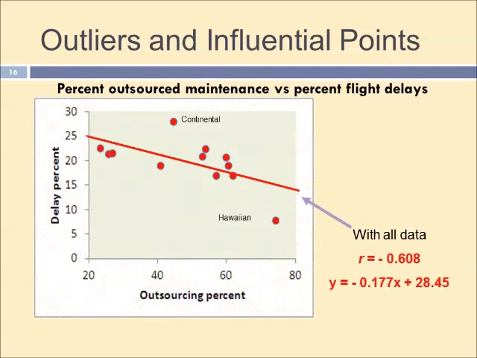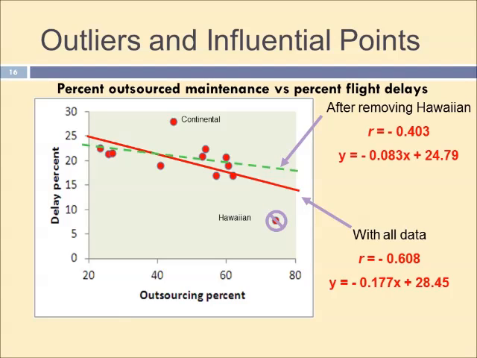Let's take a look at the percent outsourced maintenance versus percent flight delays again. With all the data, we have a correlation coefficient r of -0.6 and the equation of the regression line. But notice that the data point for the Hawaiian airline seems to be fairly far away, as does the Continental airline.